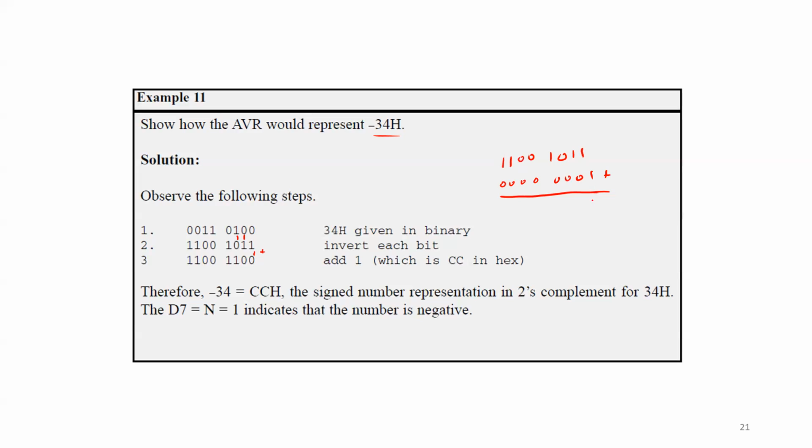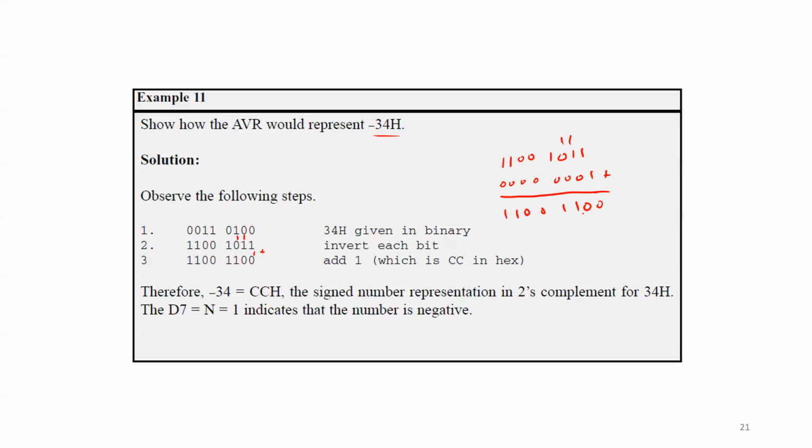So 1 plus 1 equals 0, and the carry is 1. 1 plus 1 again equals 0, and the carry is 1, and we don't have anything here, so this would be 1, and the remainder will be the same. So this would be our two's complement, which is representing minus 34.